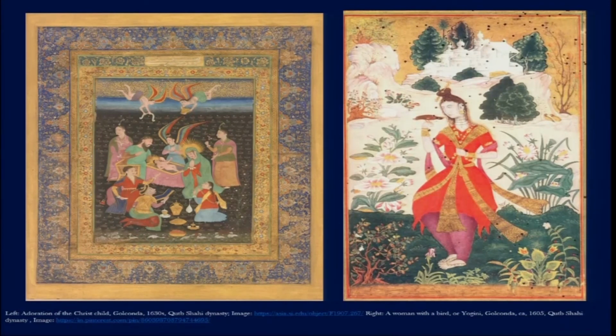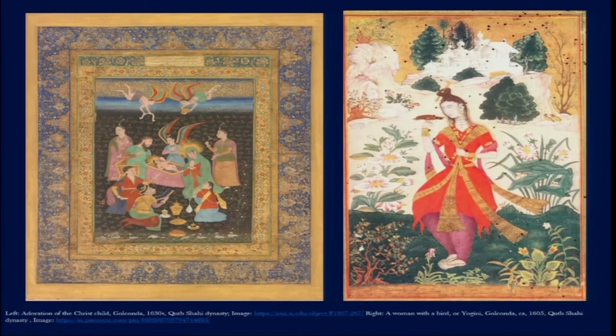This particular strategy is one of them, that we do not really know why they were painted in this particular way. Then we also find in the background a depiction of this very characteristic Deccani rock landscape, and this rocky terrain perhaps has similarities with Persian miniature paintings, but it also has this unmistakable Deccani flavor to it.